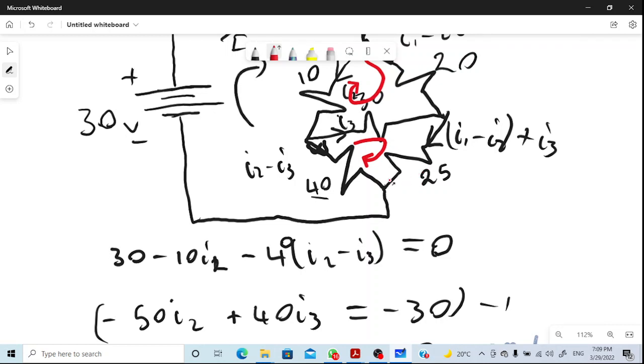Remember, I want to get an opposite answer purposefully. Okay, then here I'm going to make plus 40 times this, minus I3 multiplied by that.